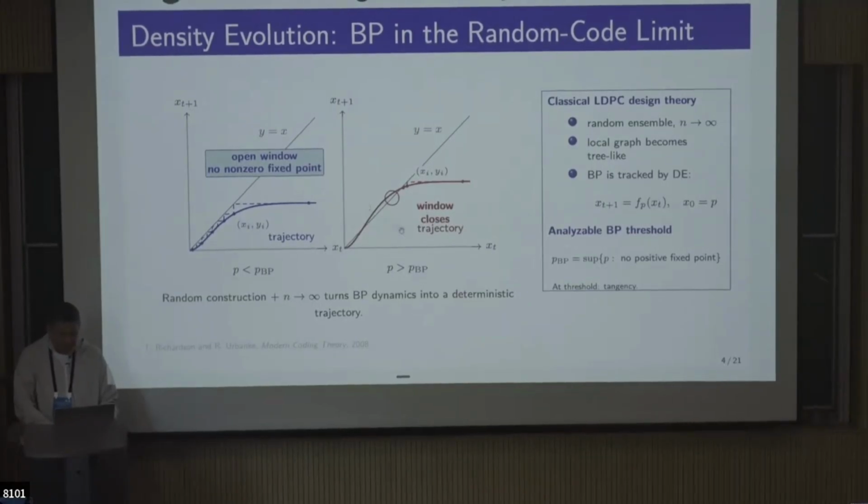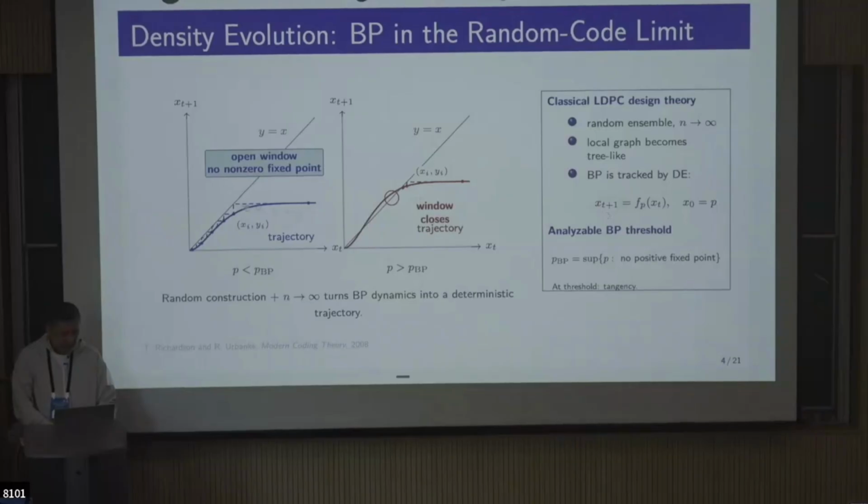Density evolution gives us the trajectory for each iteration of BP decoding. x_t is the remaining rate of incorrect bits at the t-th iteration of BP decoding, and f_p gives the next round's rate.